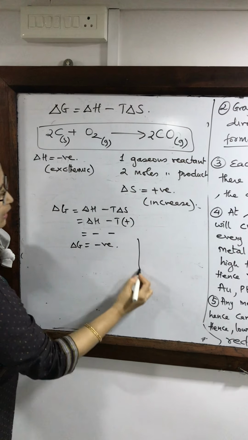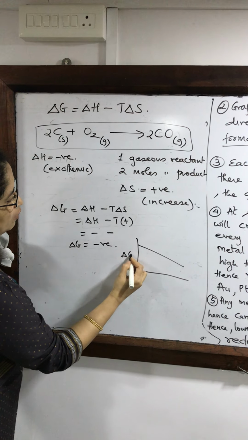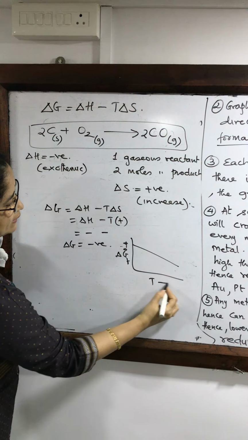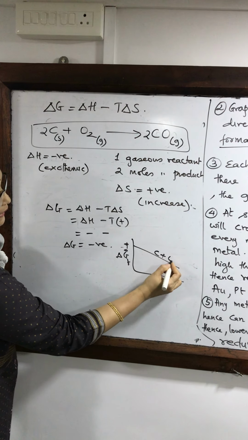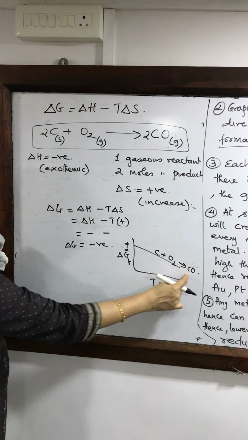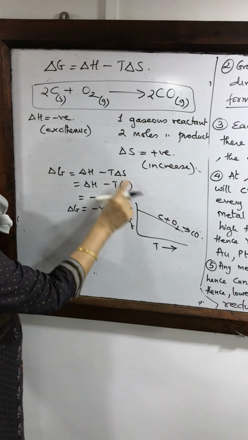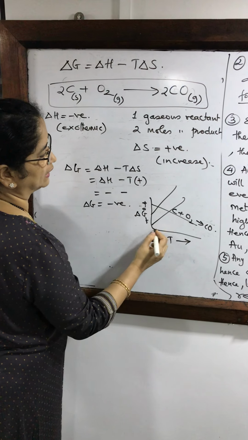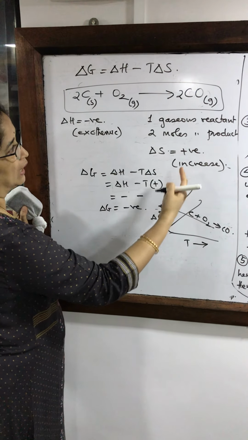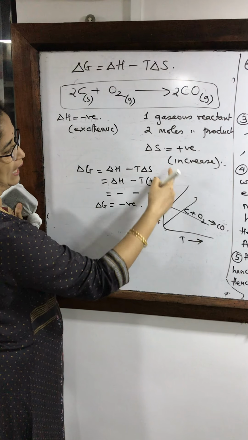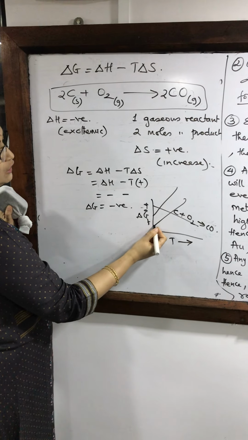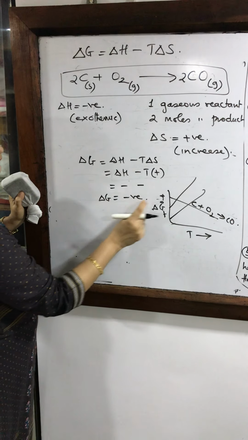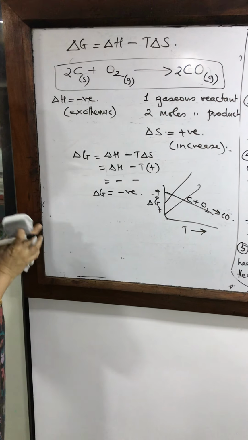So the graph will come in the downward direction when delta G not is plotted against temperature in Kelvin. So this is the formation of carbon monoxide from 1 mole of oxygen, which is showing a downward trend, whereas for metals the trend is in the upward direction, because entropy becomes less as temperature increases and the slope becomes positive. So here also you will see that delta G is negative, so the graph is in the downward direction.